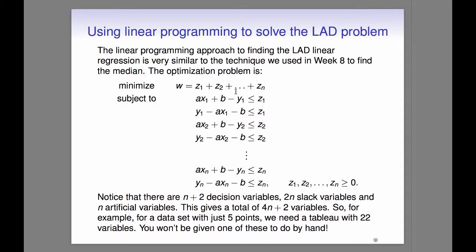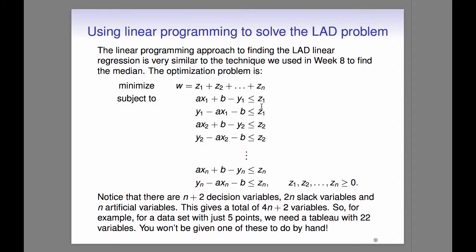So here, Z1 up to Zn are the n absolute values, and each one of them is greater than or equal to the thing inside the absolute value and minus that thing. Now we've got n of these pairs, so we've got 2n inequalities.